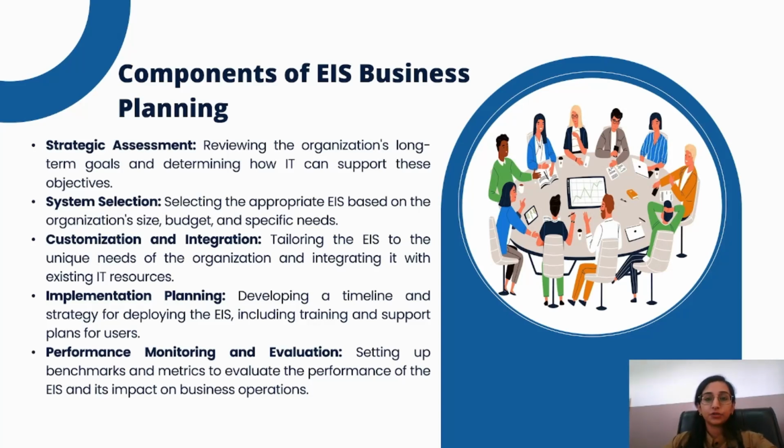This list should include technical specifications, functional capabilities, scalability, user friendliness, and integration capabilities with existing systems. Requirements should be categorized into must have and nice to have, prioritizing features that are critical for the organization's operation and strategic goals.